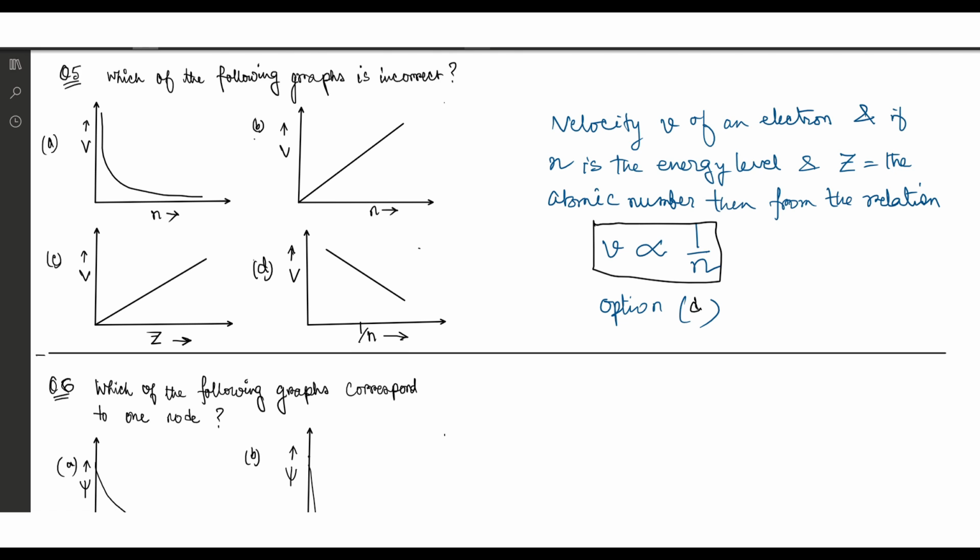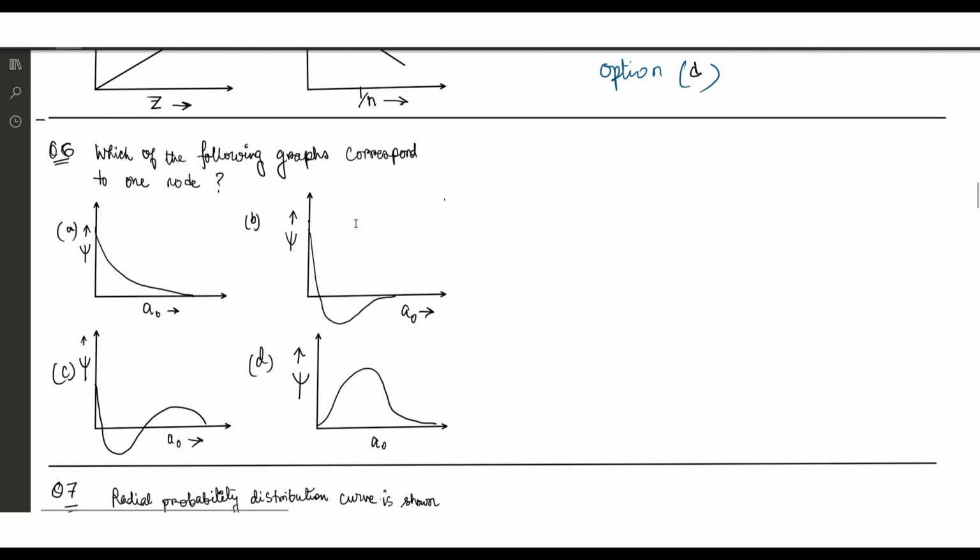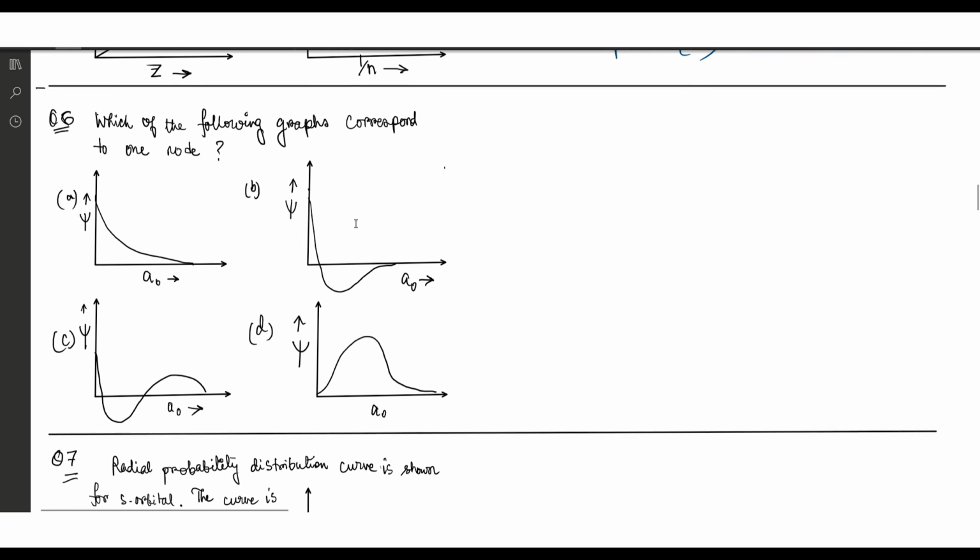In the next problem, the question is: which of the following graphs corresponds to one node? Then how can it be? Look, in the graph A and D, there is no node, right?